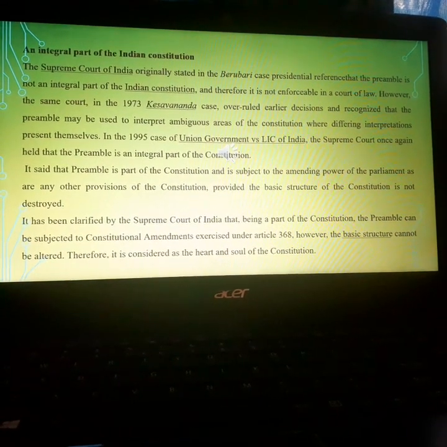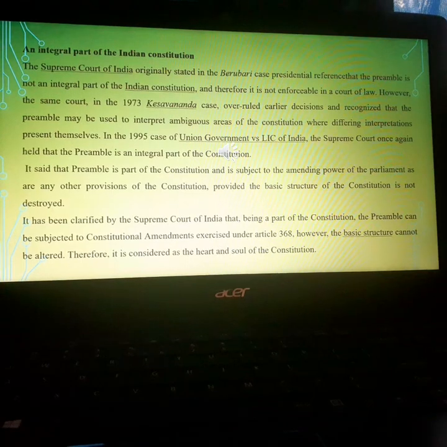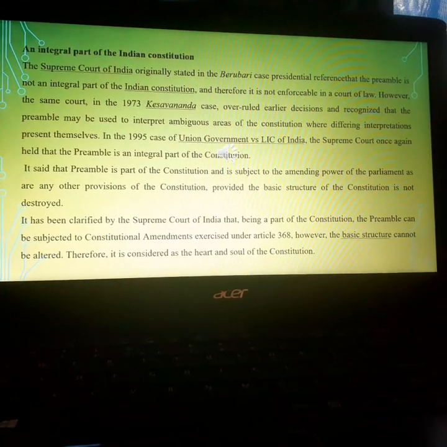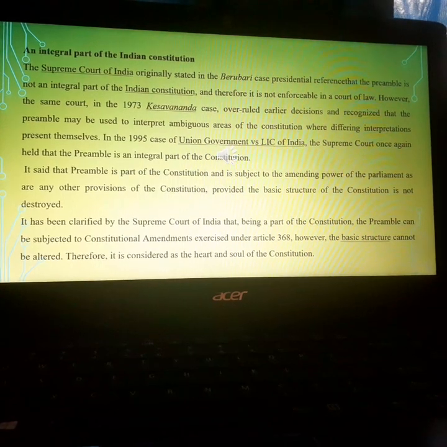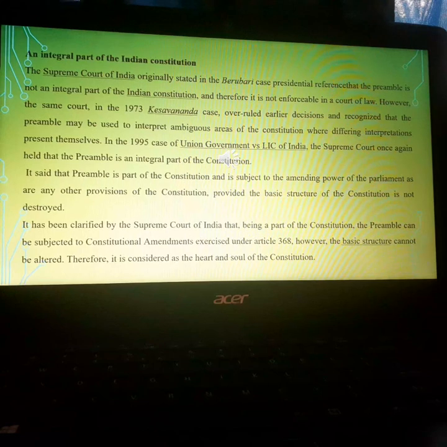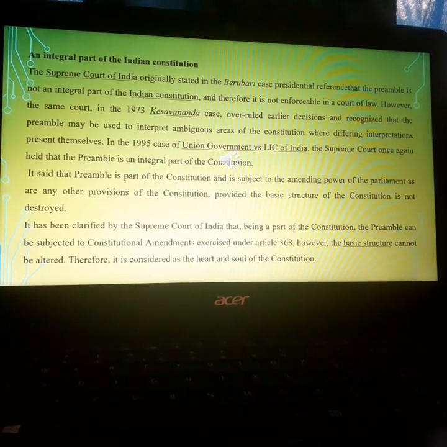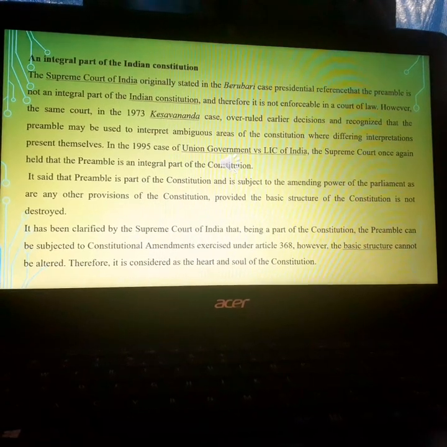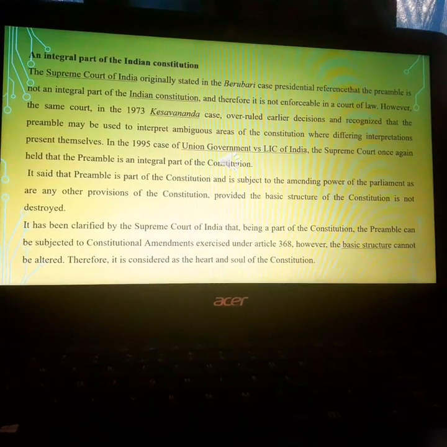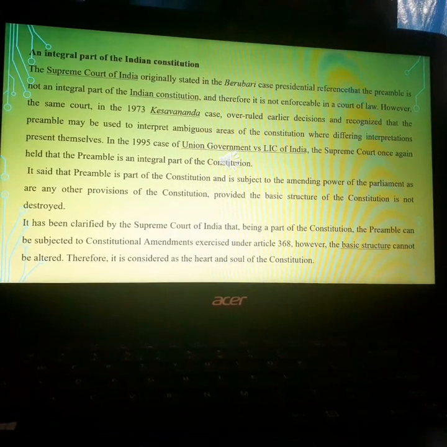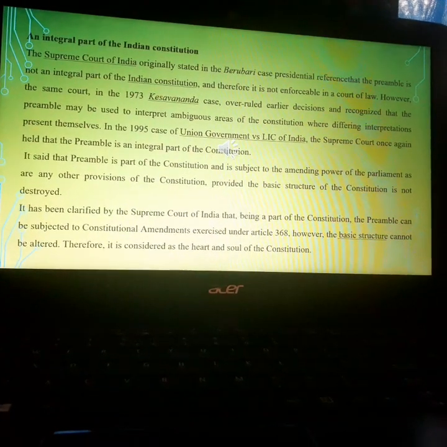In the 1995 case of Union Government versus LIC of India, the Supreme Court once again held that the preamble is an integral part of the Constitution. It said that the preamble is part of the Constitution and is subject to the amending power of the Parliament as any other provisions of the Constitution, provided the basic structure of the Constitution is not destroyed.